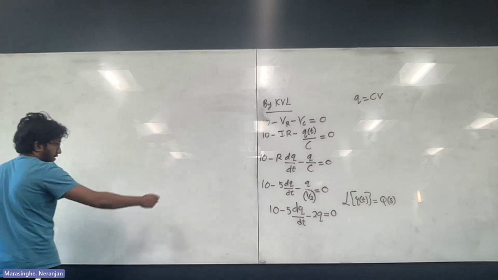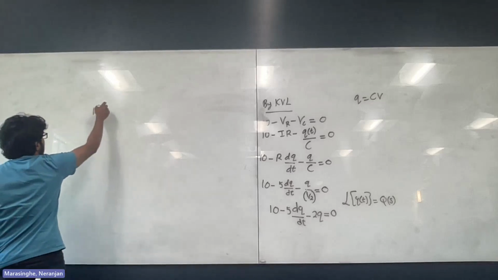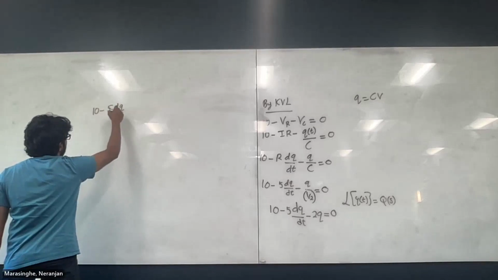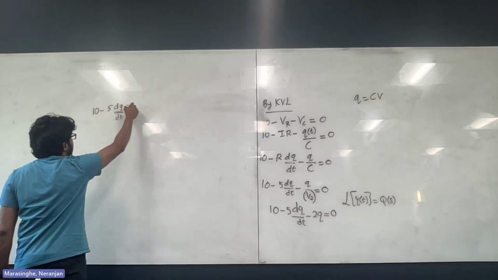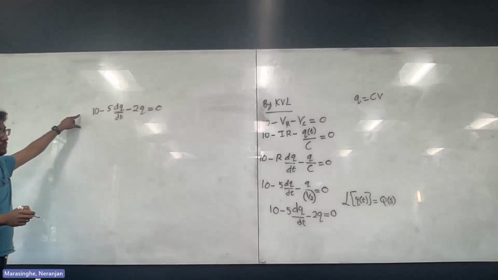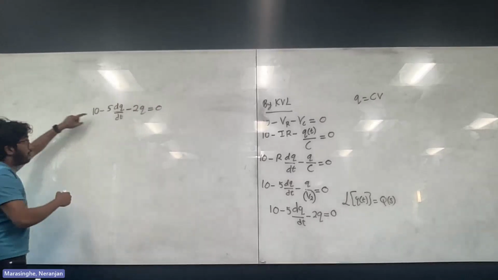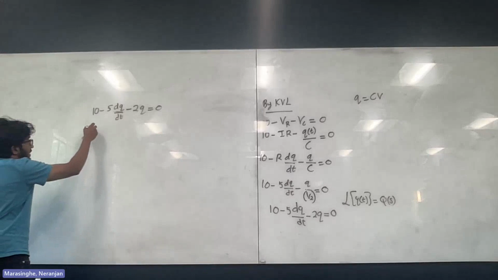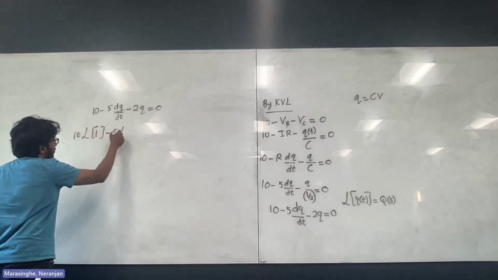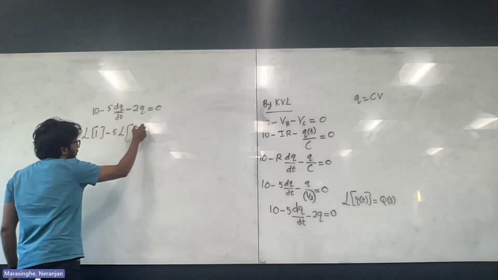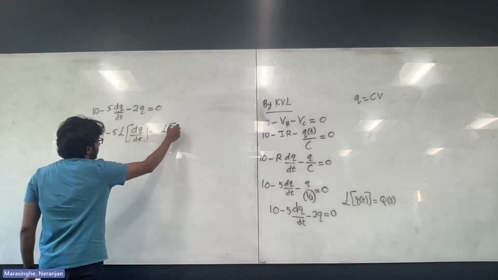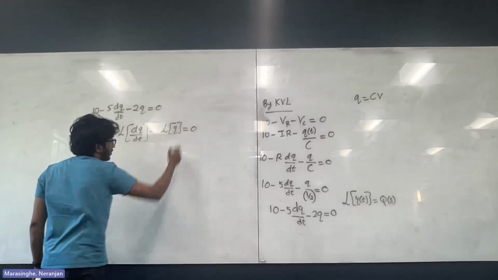So I have this equation, right? 10 minus 5 times dQ/dt minus 2 times Q is equal to 0. I would apply the Laplace transform to both sides. So what would I have on the left hand side? 10 times the Laplace transform of 1, minus 5 times the Laplace transform of dQ/dt, minus 2 times the Laplace transform of Q is equal to 0.